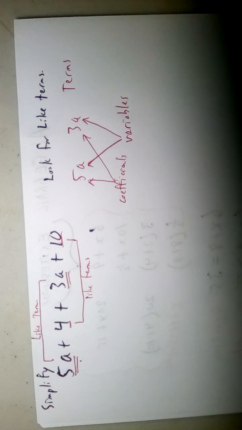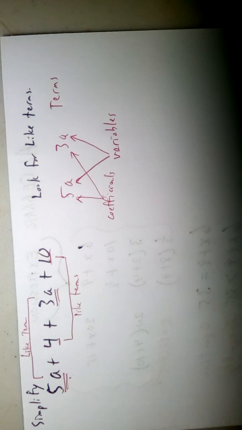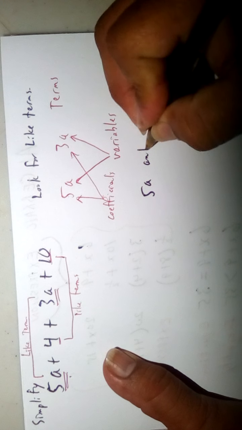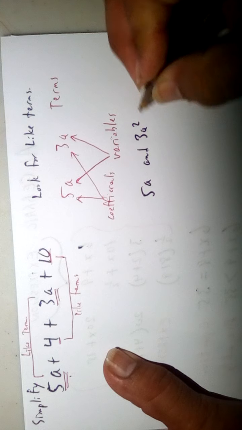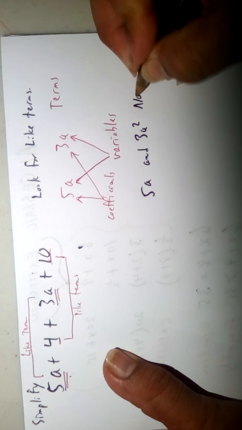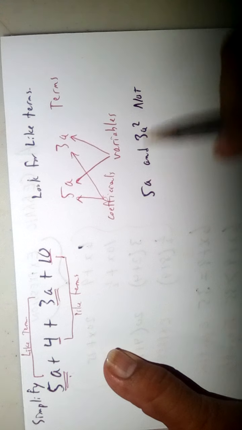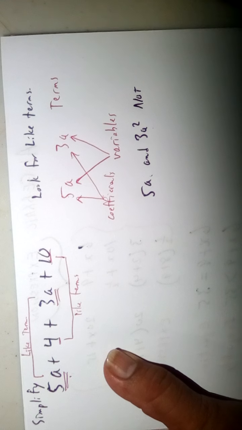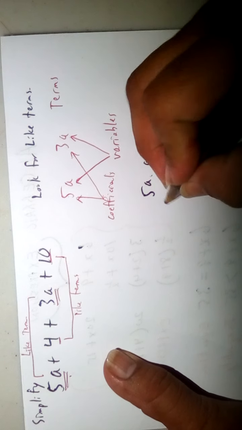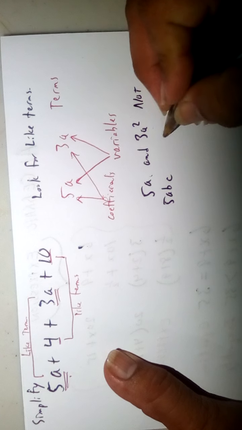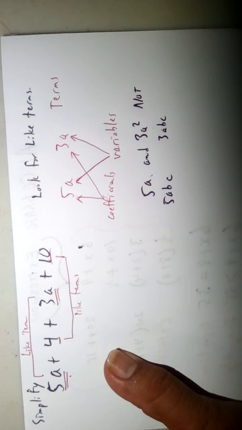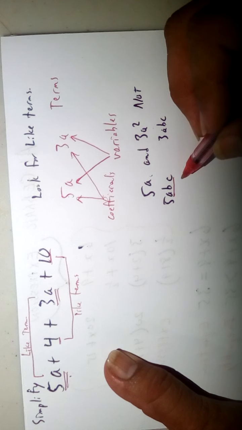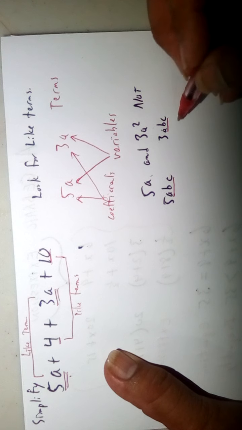So can we see something that is not a like term? Well, let's see. If I had 5a and 3a squared, these are not like terms. Why? Because the variable part has different powers. We may also have 5abc and 3abc. Are they like terms? Yes, because the abc and the abc make them like terms.